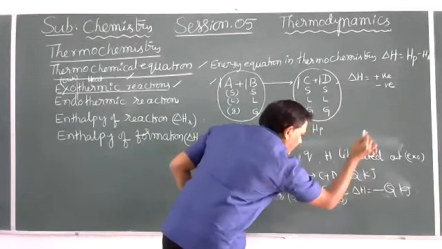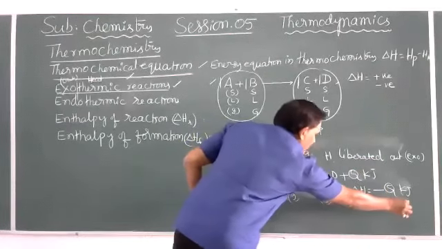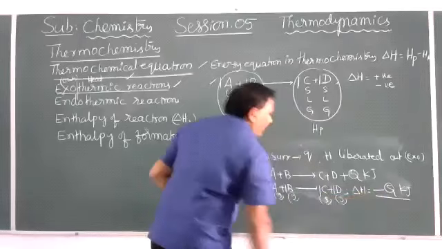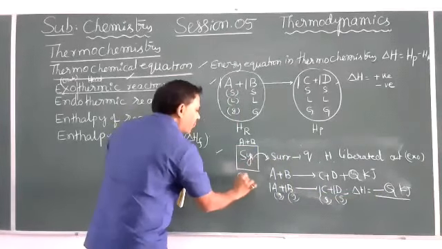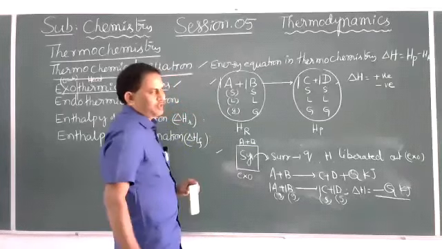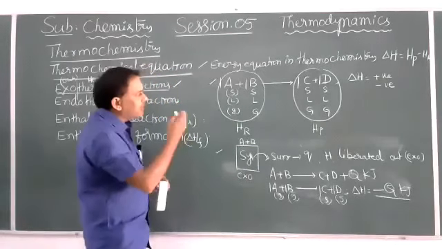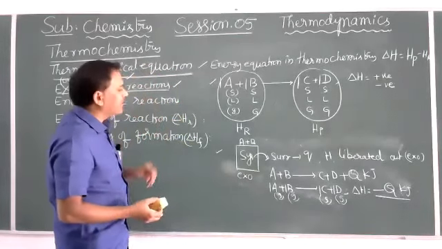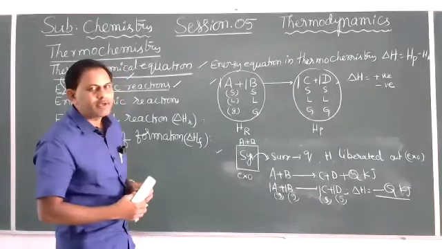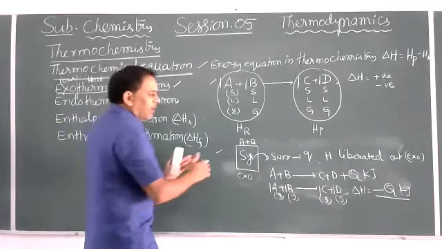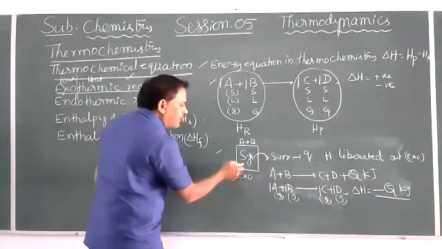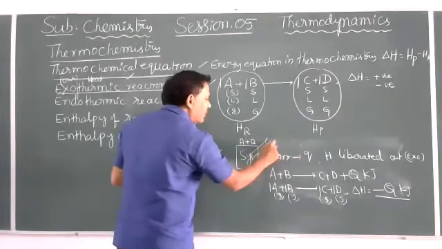That's why it is a thermochemical reaction. In this process heat is evolved, so it is an example of an exothermic reaction. An exothermic reaction is a type of thermochemical equation in which heat is evolved or liberated. After liberating some heat, the system becomes cool.